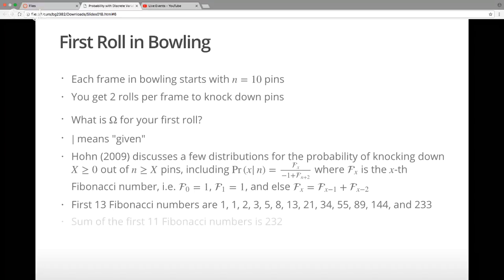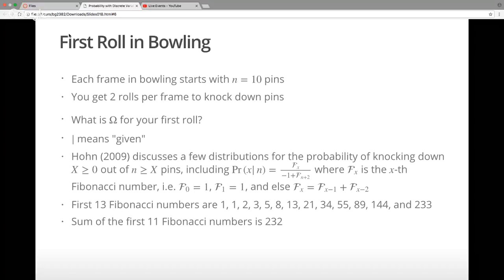An interesting property of the Fibonacci numbers is that the sum of the first however many is equal to 2 more Fibonacci numbers less 1. And so in the numerator here, we have the xth Fibonacci number. So if you knock down like 6 pins or whatever, little x would be 6.